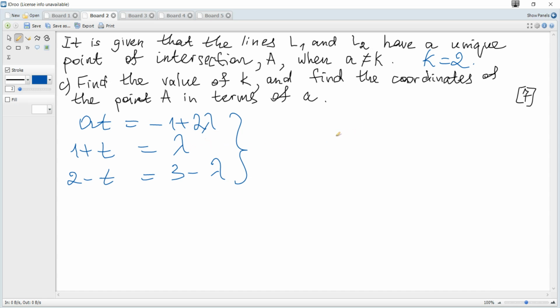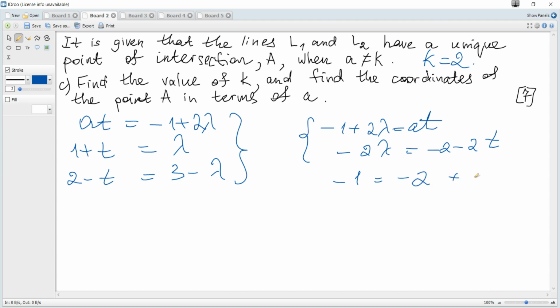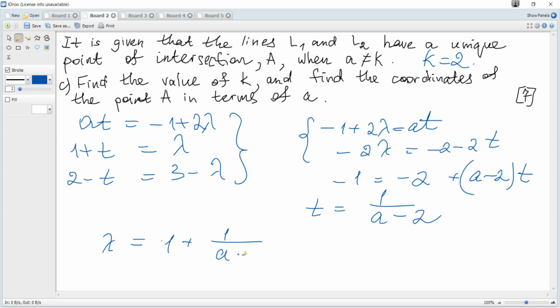We consider two equations and solve for t and for lambda. So let's consider negative 1 plus 2 lambda is at, minus 2 lambda is negative 2 minus 2t, and we can see that we can add both sides and get negative 1 is negative 2 plus a minus 2t, hence t is 1 over a minus 2, and hence lambda is 1 plus t, hence it's 1 plus 1 over a minus 2, and we can make a common denominator.